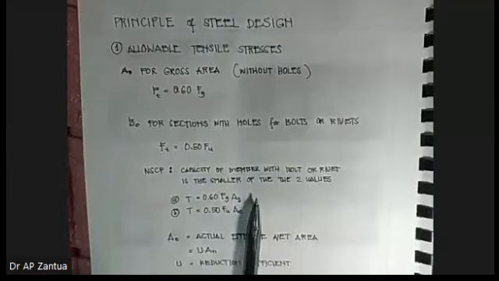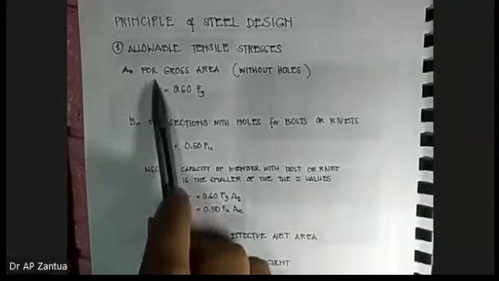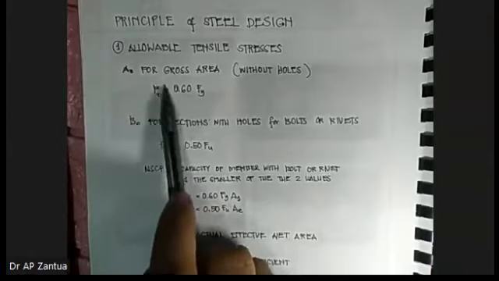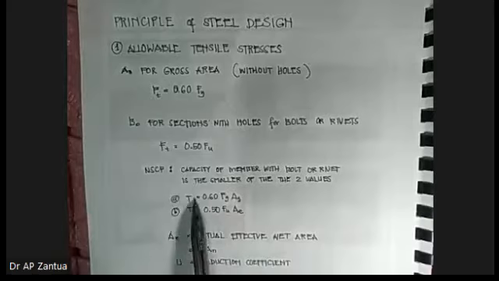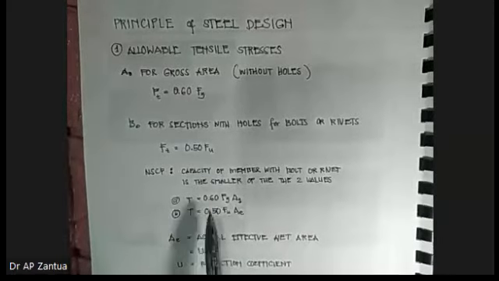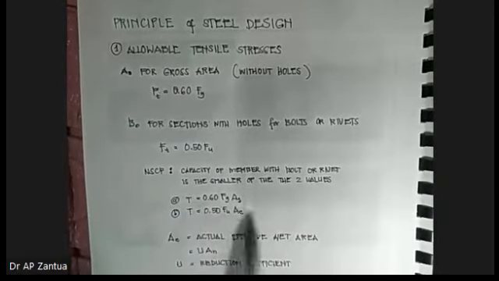Instead of properly using F to represent force, they use T to represent force, and they use F to represent pressure. So take note of that. This is stress, capital F. This is tension force, which is T. Okay, let us continue.